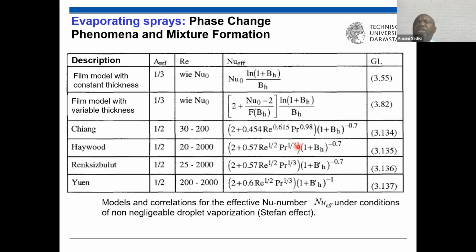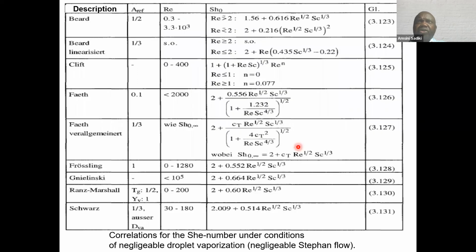We have this expression here, for example, and also here we have this expression for the correlation of the Sherwood number under conditions where we neglect the droplet vaporization. This means we neglect the Stefan flow. So we have a series of these. Normally sometimes this one is used, sometimes others use this one, but it depends on the configuration we are investigating.